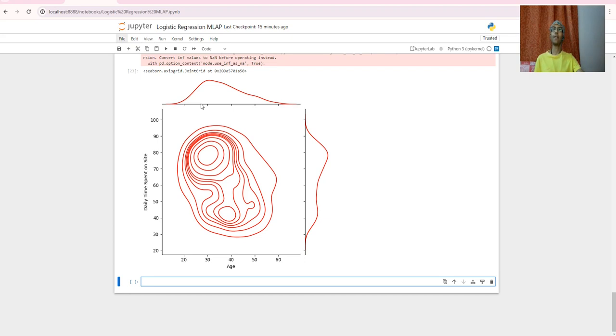Then we make our next observation. Let us do first an overall pair plot, friends. So sns.pairplot df.